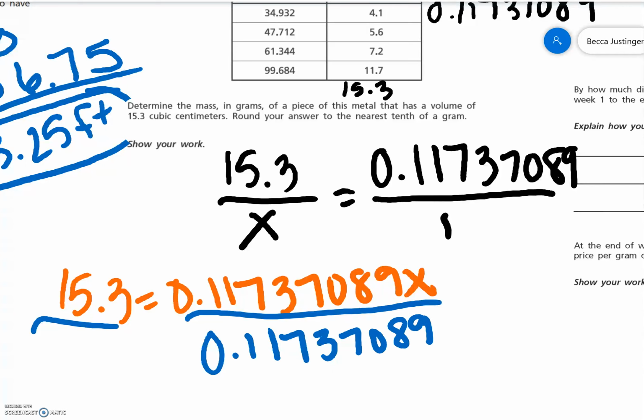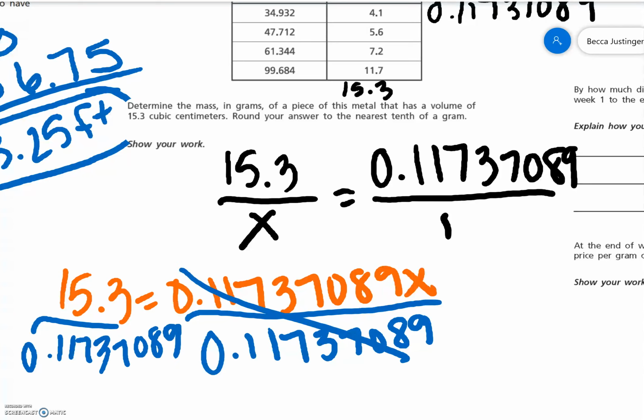You don't want to round until the end, just to be accurate. So this crosses out and x equals, let's find out, 15.3 divided by 0.11737088. Sugar. Typed it in wrong. Try again. 15.3 divided by 0.11737088. 1173.